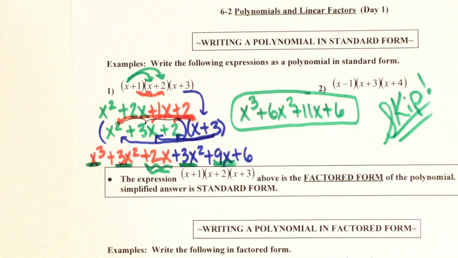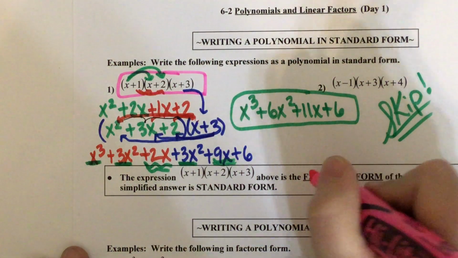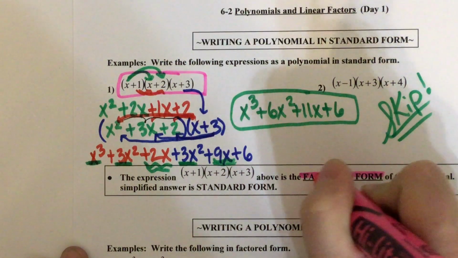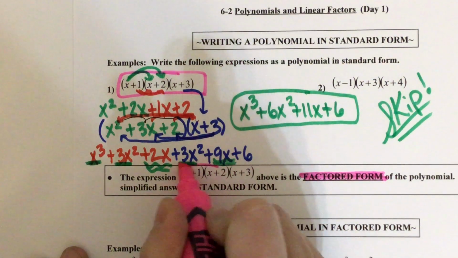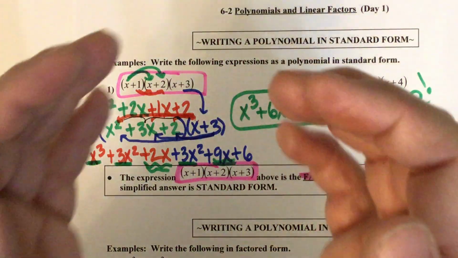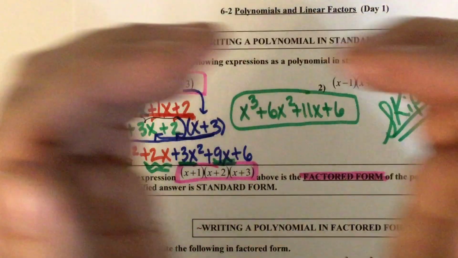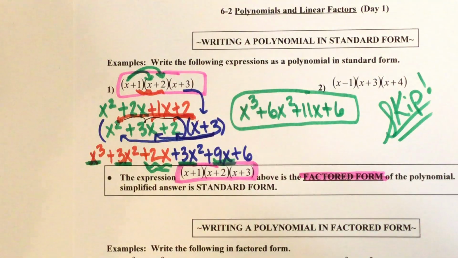Okay, little vocabulary. So this problem started off in what's called factored form. So that's what this is. This is factored form. So when something is factored, you typically see parentheses. Sometimes only 1 parentheses, most of the time 2 parentheses. This one has 3.